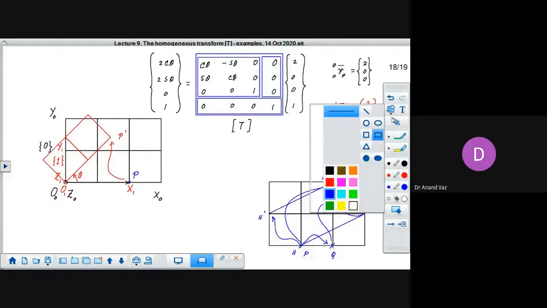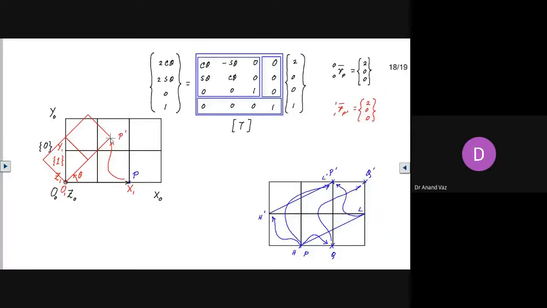You just draw this. You will have the x coordinate. This is going to be the projection on the x-axis, and this is going to be the projection along the y-axis.